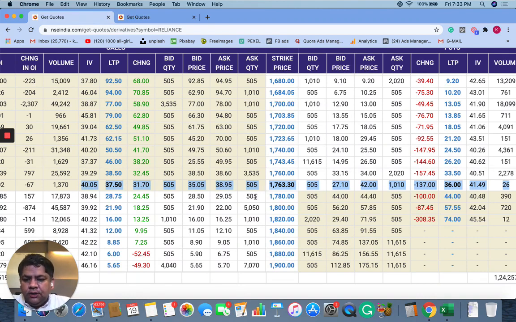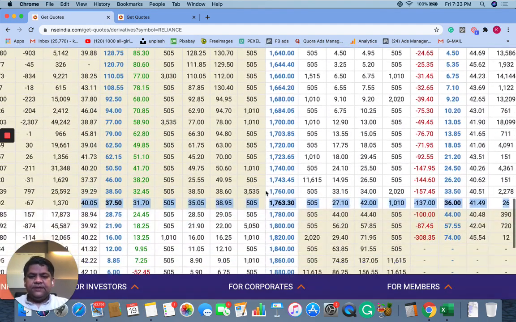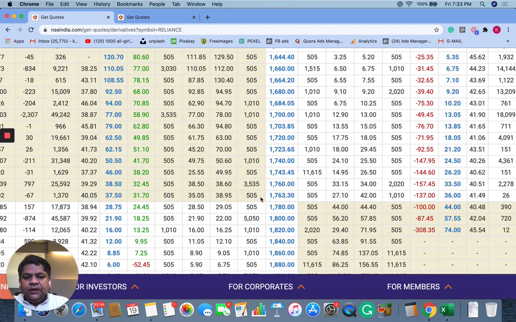Now for call, anything below 1763 will be called an in the money call. If you see 1743, the strike price is below the underlying price. Underlying price is 1763, this is what we have seen in the quote. So anything below 1763 will be called in the money for a call option.